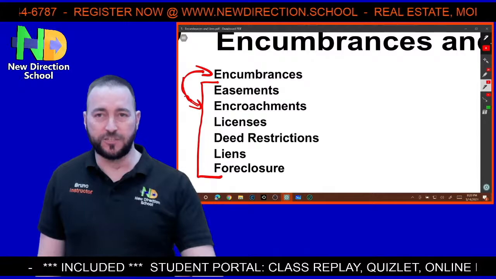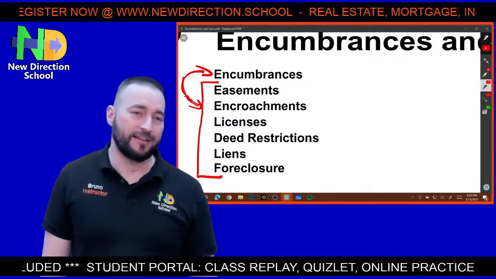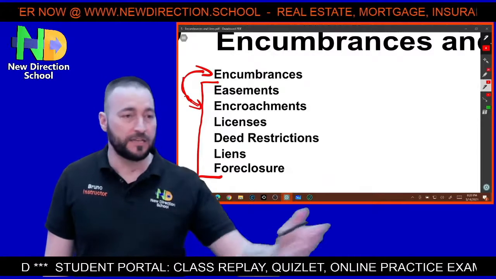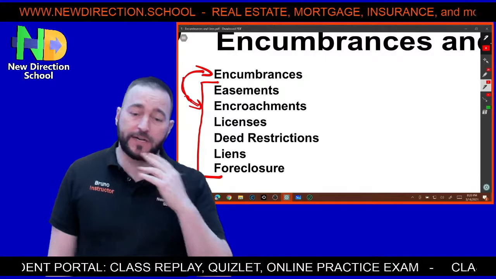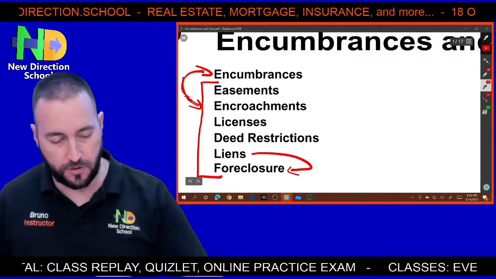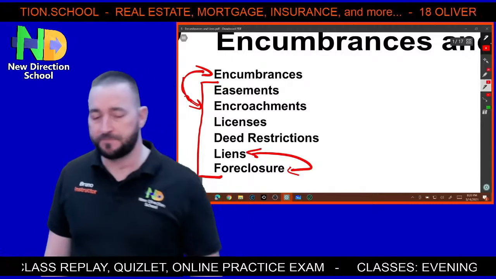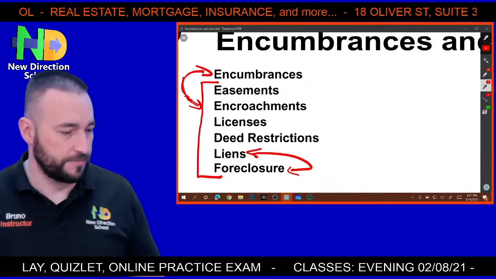It could be an easement, which I'll talk about in a second. It could be an encroachment. It could be a license. It could be a deed restriction. Liens we just talked about, and then of course it takes you to foreclosure if you don't pay the liens. So these are together. Foreclosure if unpaid. These are encumbrances.